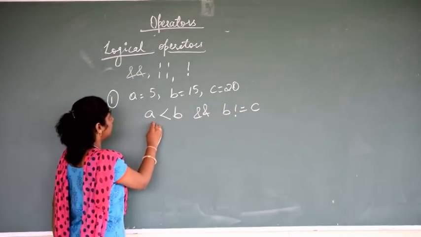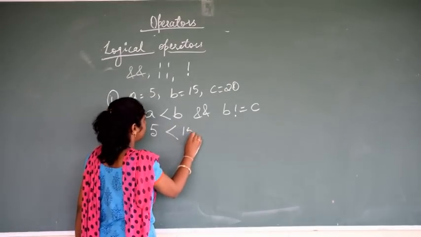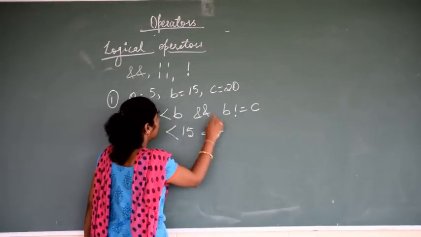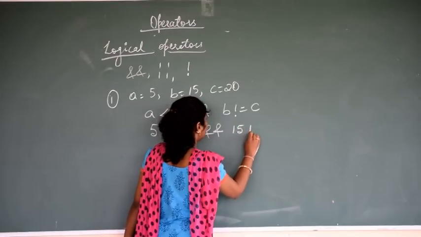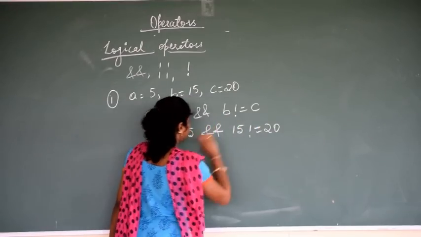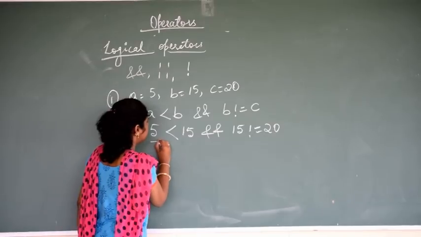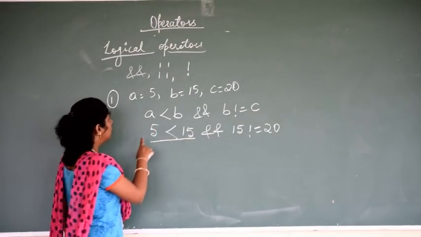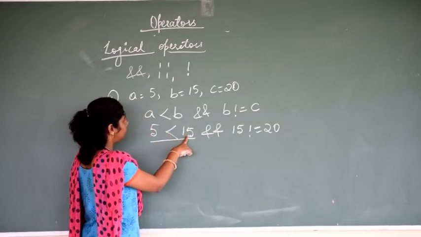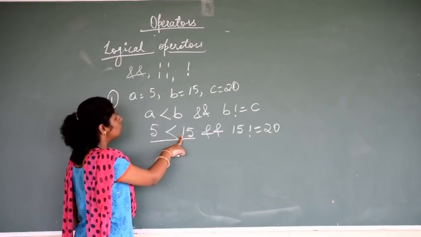Now the value of A is 5, the value of B is 15 and the value of C is 20. In this case, first we evaluate the expression 5 less than 15. Is the condition true or false?